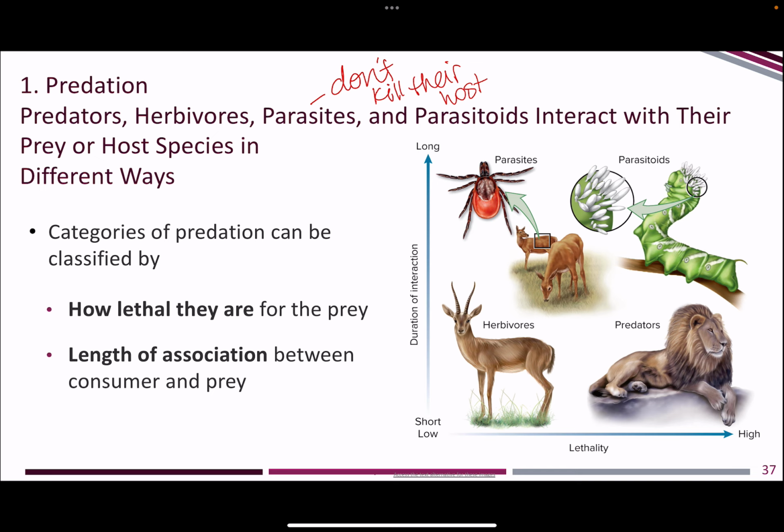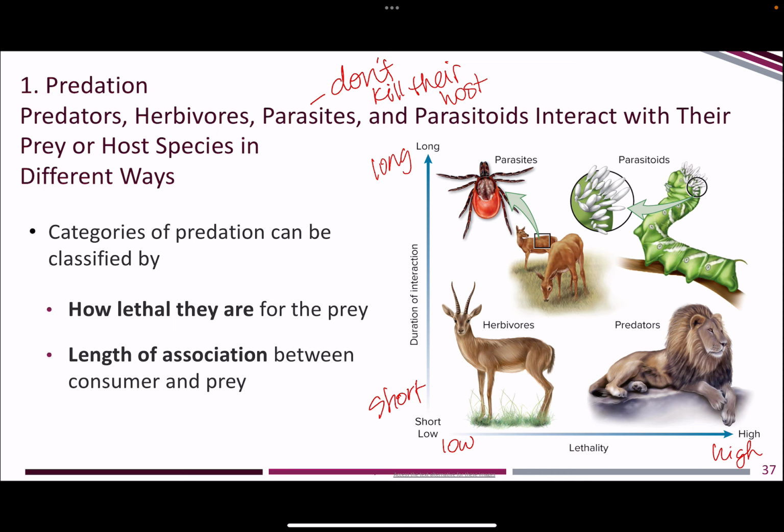So we've got this graph that shows the duration of the interaction. So short duration down here, long duration here, and then we've got lethality. So we've got low lethality and we've got high lethality. So you can kind of see on this graph where each of these falls.